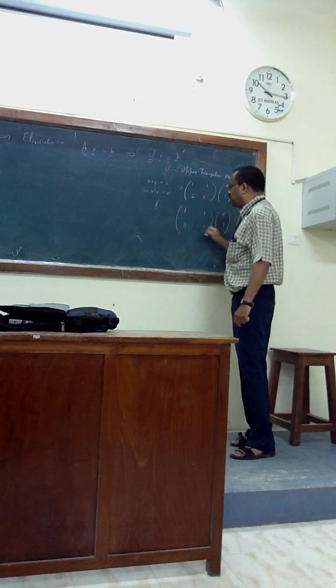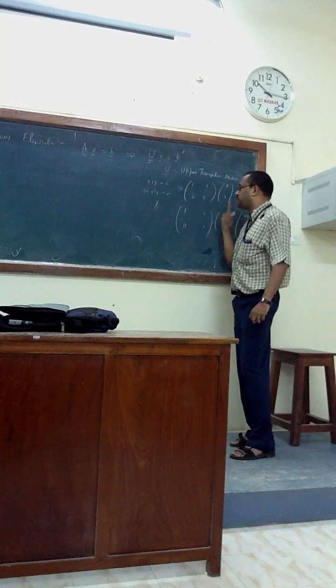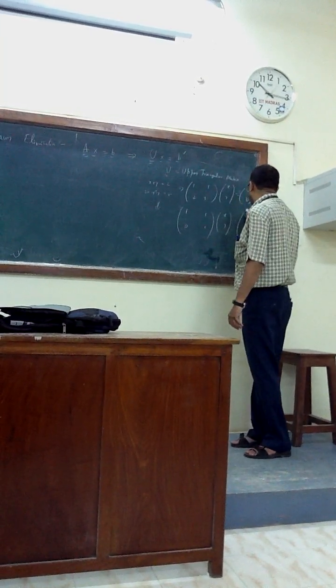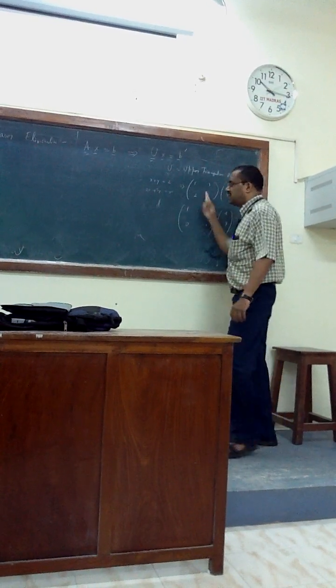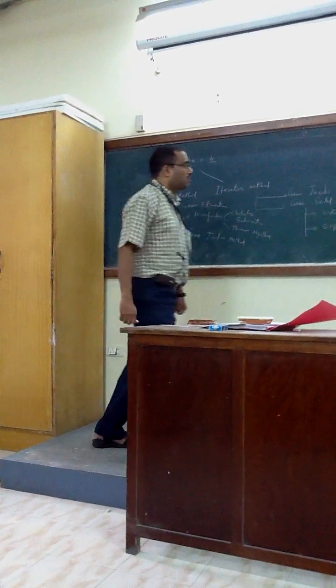This is nothing but an upper triangular matrix. So at school level we have also done this transformation, Ax equals b to Ux equals b prime. This is an easy demonstration of the Gauss elimination method.